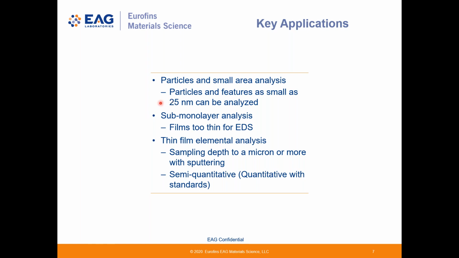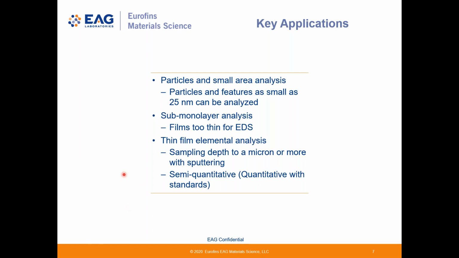And by virtue of its very shallow information depth, Auger is key to analyzing very thin layers, even submonolayers. This shallow escape depth also lends itself well to measuring thin film stacks on the order of tens of nanometers thick. We can do this by performing an Auger depth profile that measures composition as a function of depth. So the small analytical depth leads to excellent depth resolution for thin films.